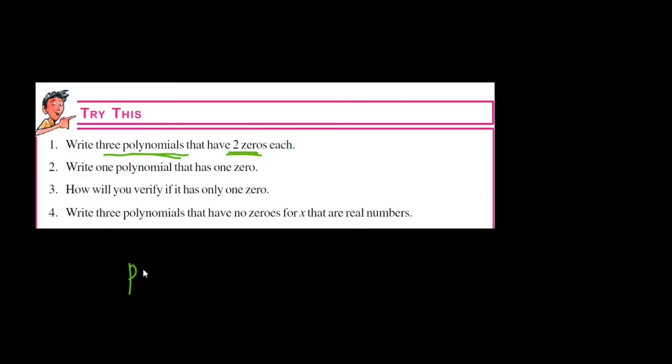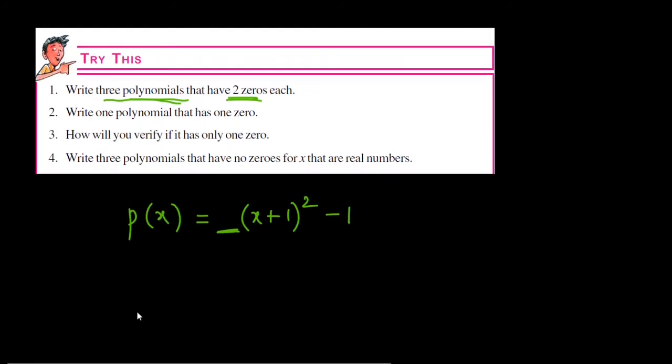So our polynomial should be like this: P of x, a complete square here, and here, if we have a positive sign, this should be negative, say 1. P of x is equal to x plus 1 whole square minus 1.